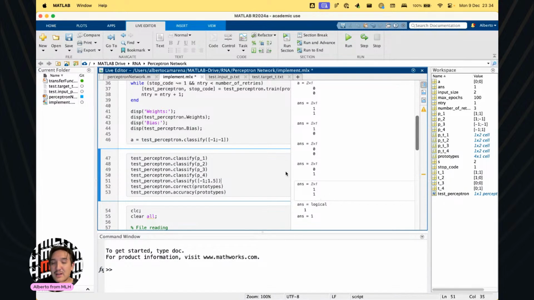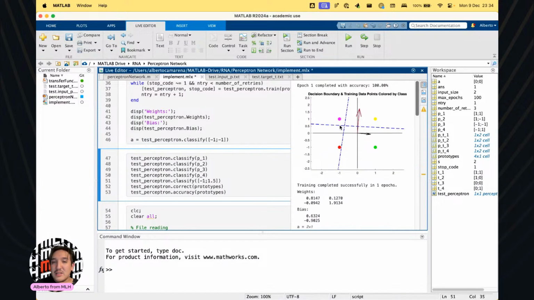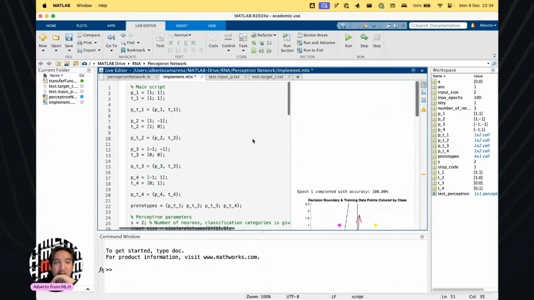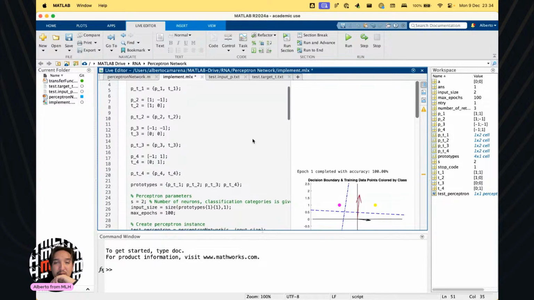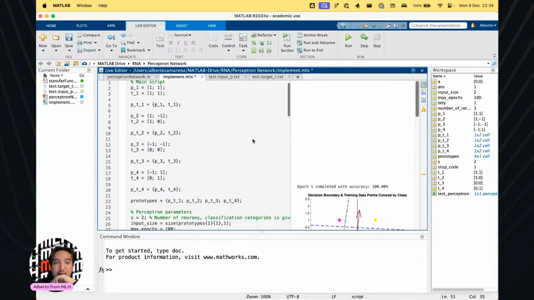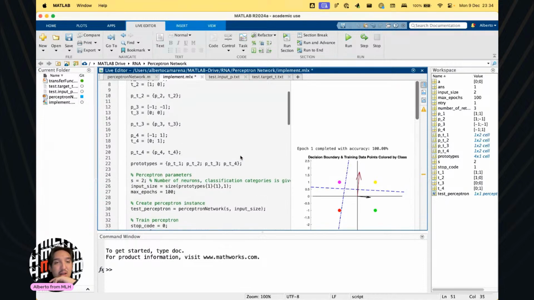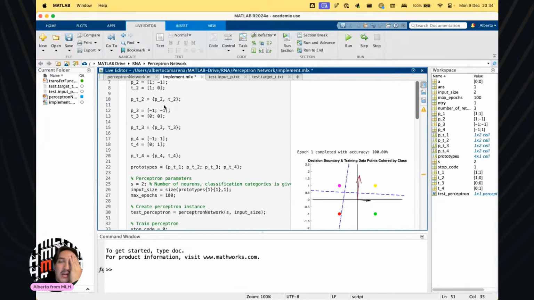And this is classified as 1 1. Did I do something wrong? -1. Okay. Let me check that I'm doing this correctly. I mentioned minus 1 1, it's 0 1, minus 1 1.5.